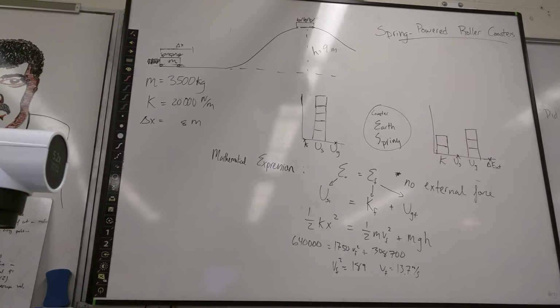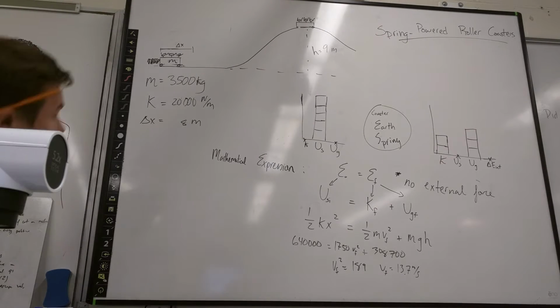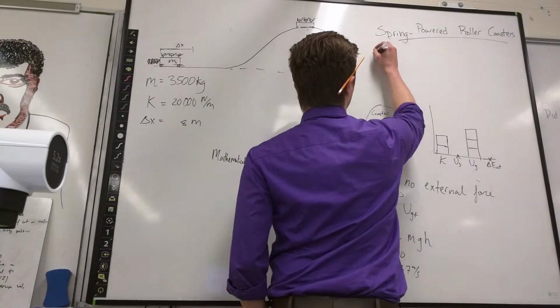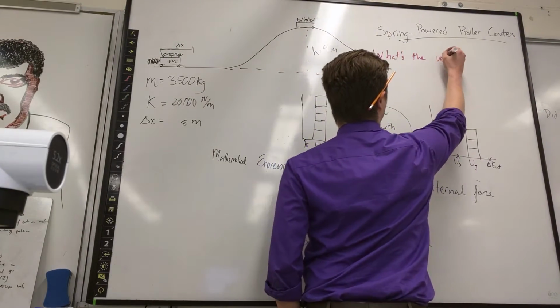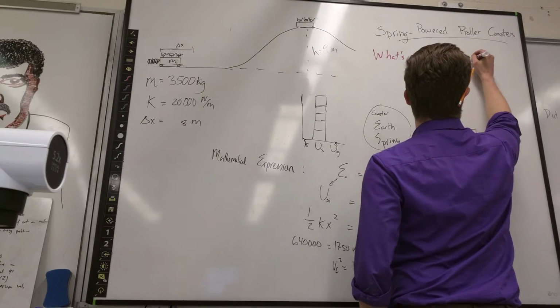What else? Where does that roller coaster go? What happens to it after it ends right there? Oh, looks like it falls off the track. It does. Womp womp. What else? What about the velocity? And that's what we're going to explore today. What's the velocity of the coaster?